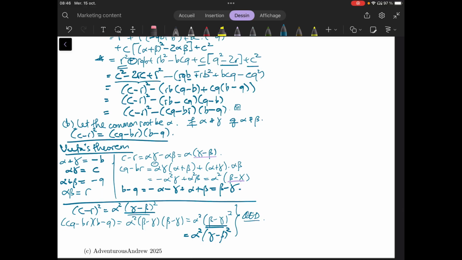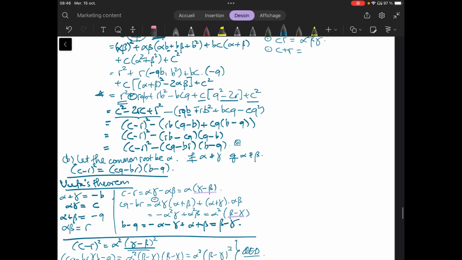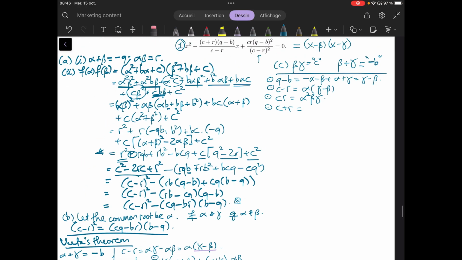cr. We found this to be, no we didn't. cr, that's alpha squared beta gamma. And c plus r is equal to alpha times beta plus gamma. Okay, interesting.